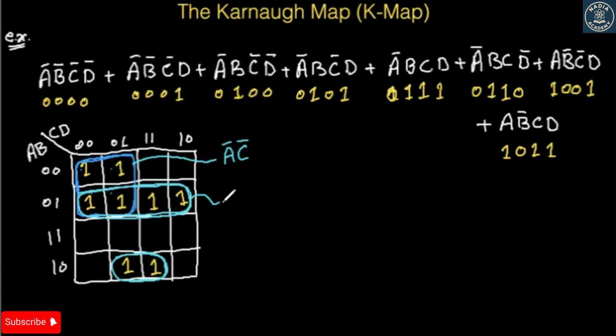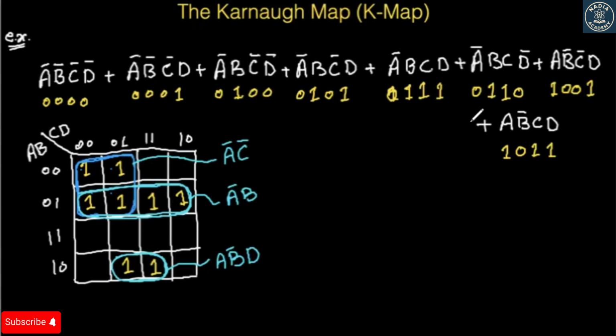Then in this loop, 0, 1 is persistent for A and B, so A bar B, and the values of C and D both change. For this third loop, A is 1 and B is 0, so A B bar. C changed from 0 to 1, but D is still 1, so D is here.